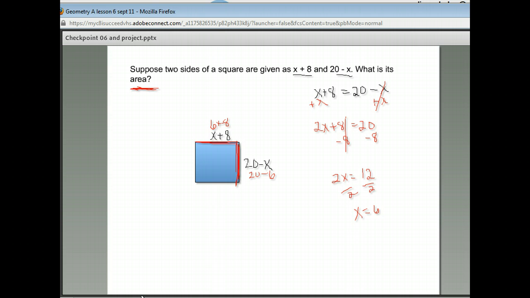If not, we have made a horrible mistake somewhere. Good. Yes. So when we put those in, we find out both sides are 14. The area of a square, we take the side squared, or the side times the side. So 14 times 14 is indeed 196.